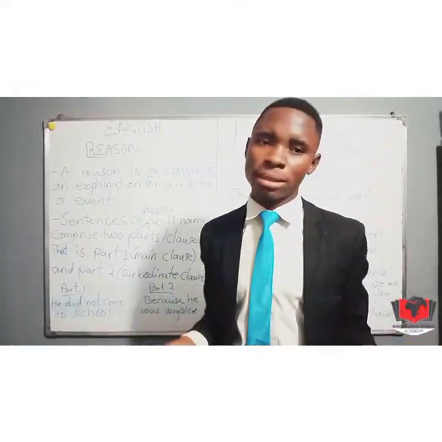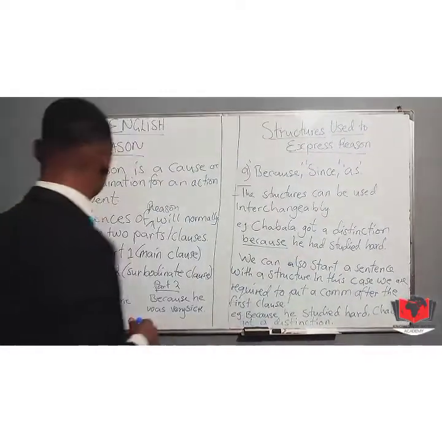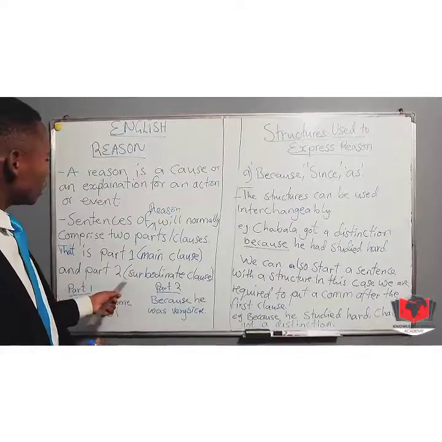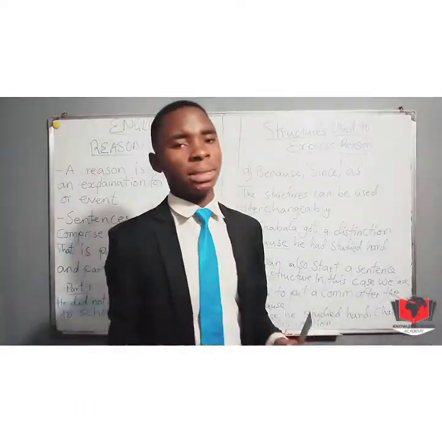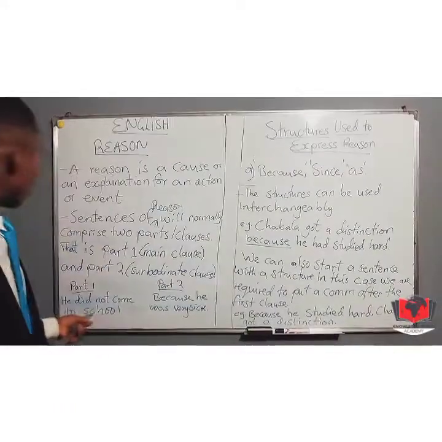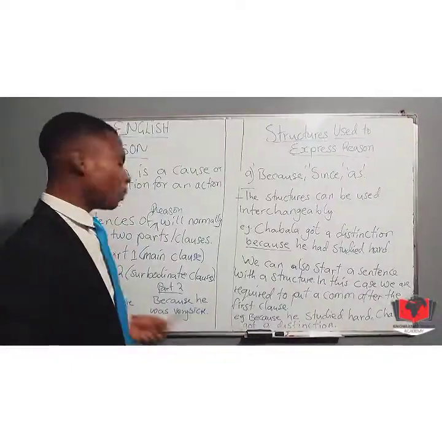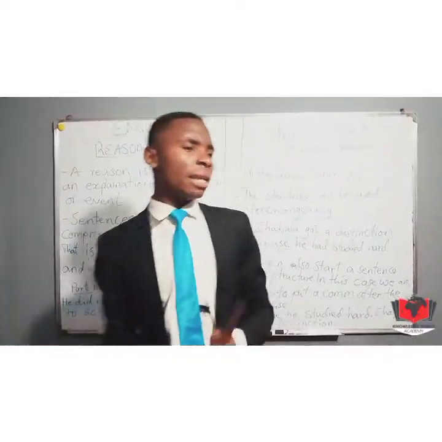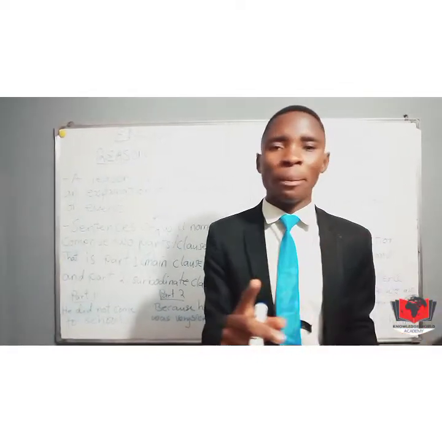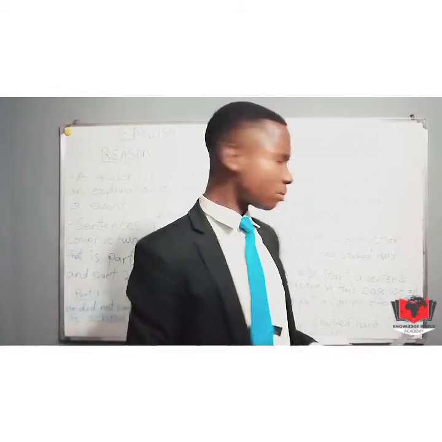What happened? What took place? Then we've got the second part, which is the subordinate clause. This one bears the reason. The first part talks about what happened. Then the second part will give us a reason for what happened in the first part.